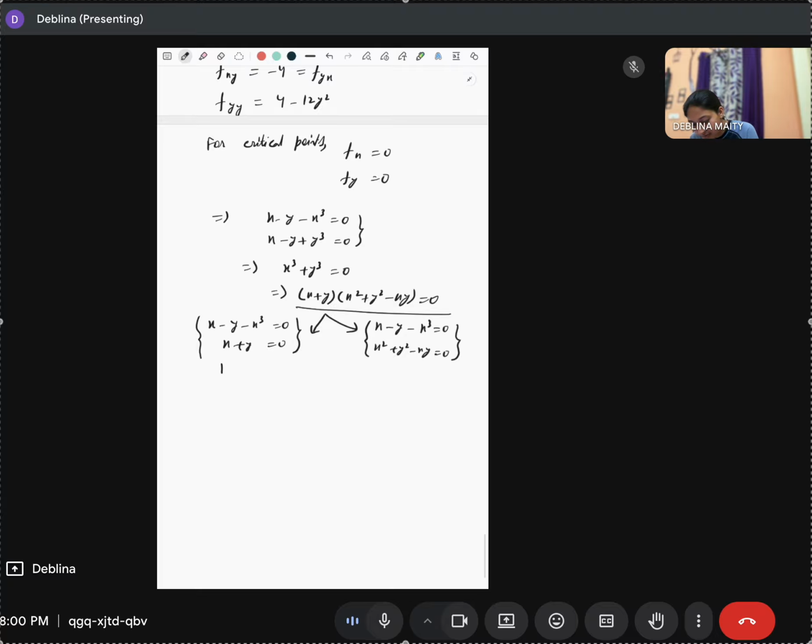Now if we solve this one, we'll get y equals minus x, and if we put this in the first one, we'll get 2x minus x cube equals 0. So x equals 0 or plus minus root 2, right?